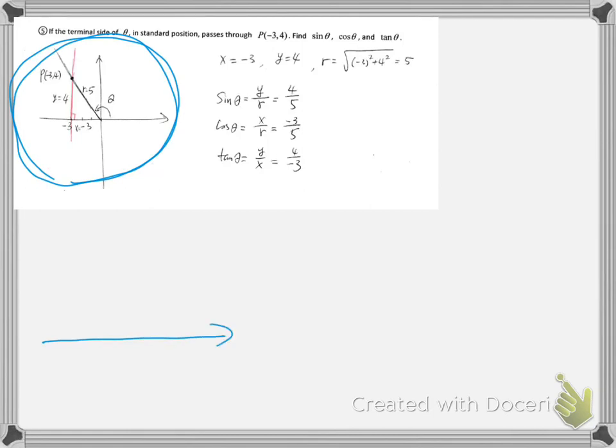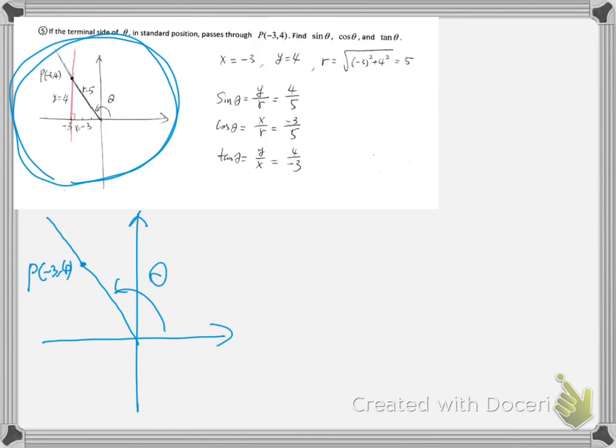So where's -3, 4? This point P. The terminal side of the angle, and there's a big point P here. So this is the angle theta.